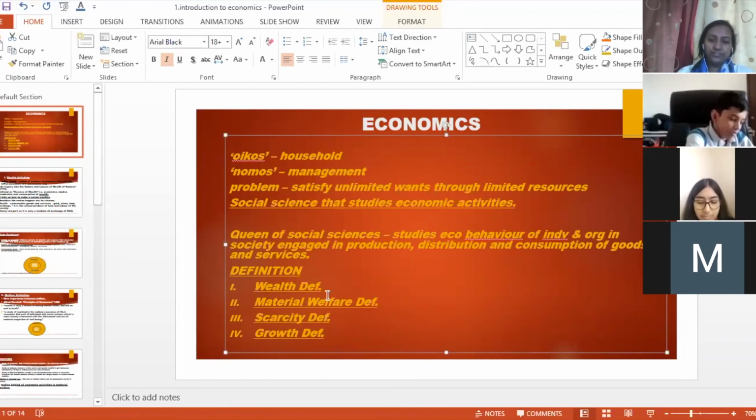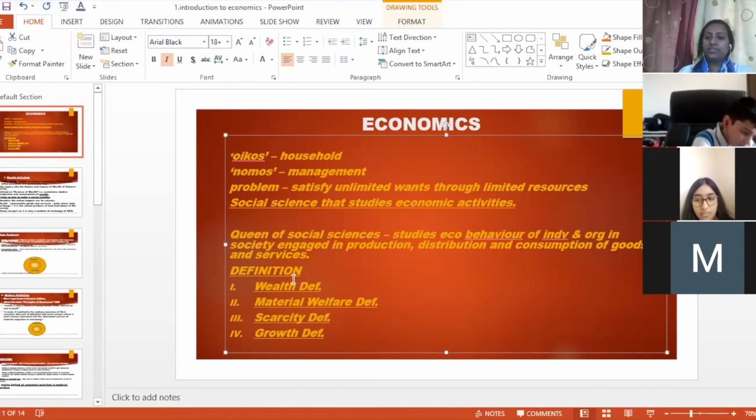Now, at different points of time, people have given different definitions for it. We will study all these definitions from the starting, when we began a comprehensive study of economics, to the modern definitions.